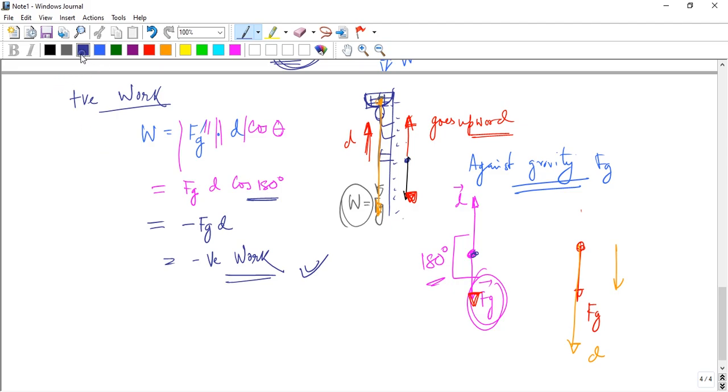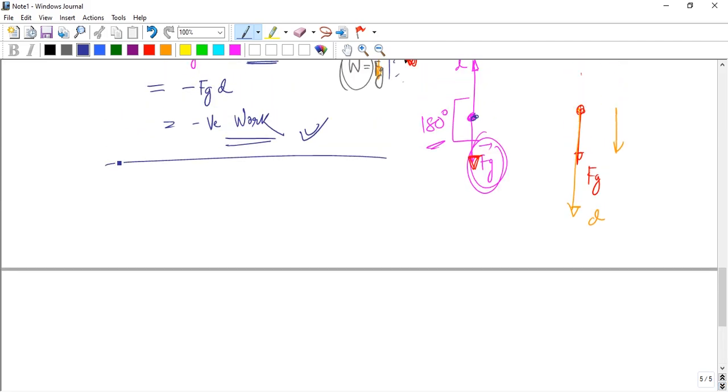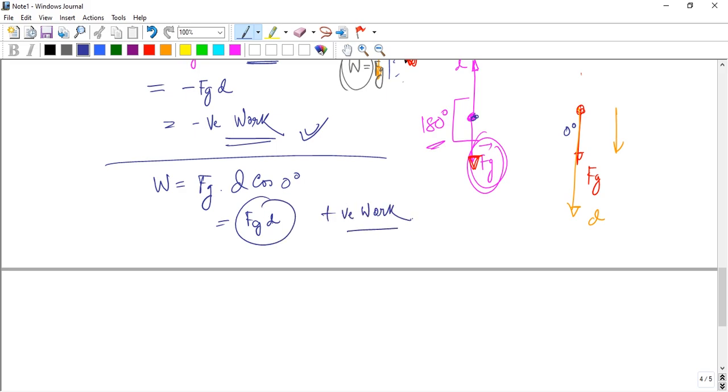So we get positive work done. Case number 2: W equals Fg d cos theta, where the angle between these two is 0 degrees. So cos 0 is 1, and we get a positive Fg d.